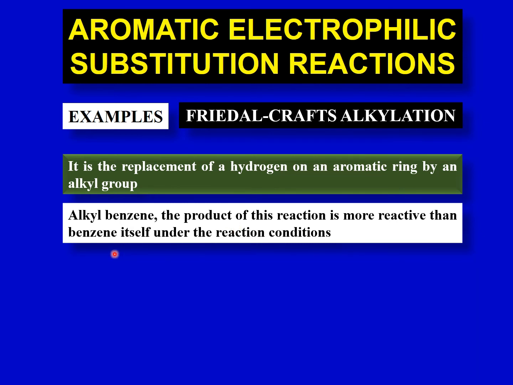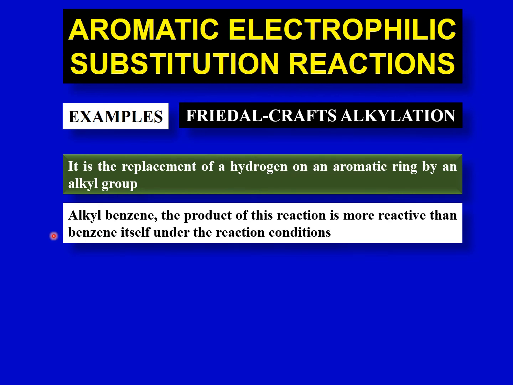It is because alkyl groups are electron donating groups, and they donate electron density to the benzene ring, making it more electron rich and more reactive towards an electrophile. So aromatic electrophilic substitution reactions on alkyl benzene are much faster than on benzene itself. Under the given reaction conditions, alkyl benzene will react more efficiently with an electrophile than benzene.